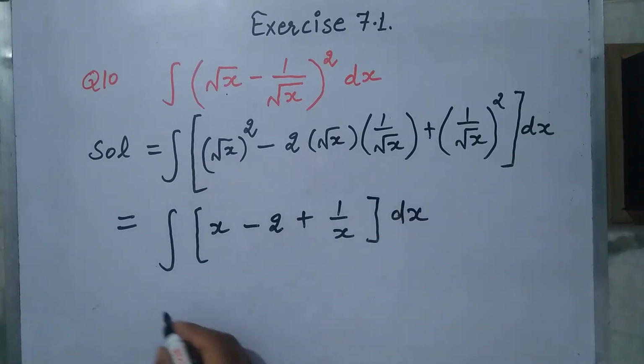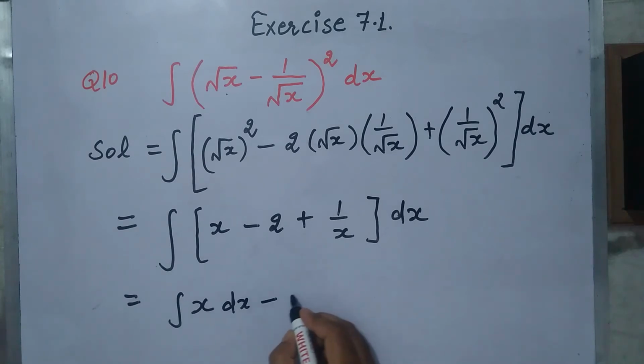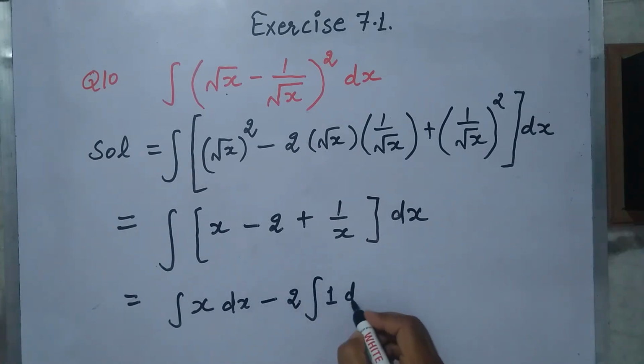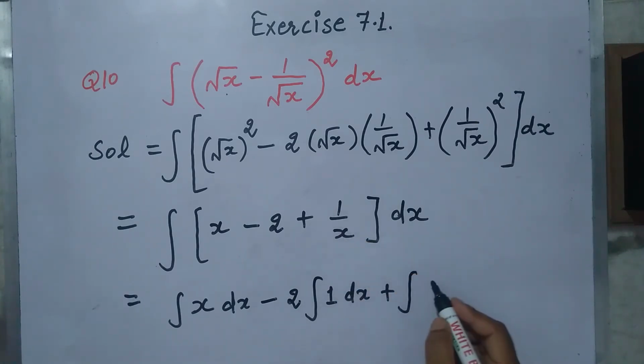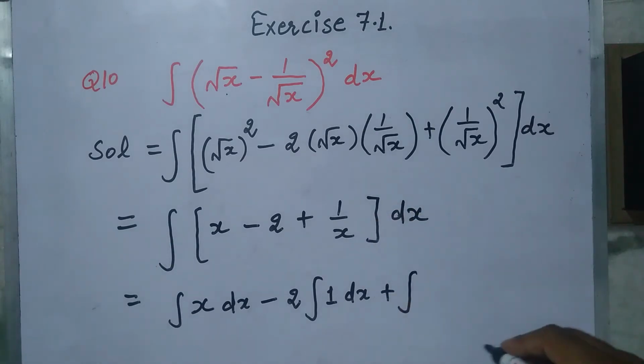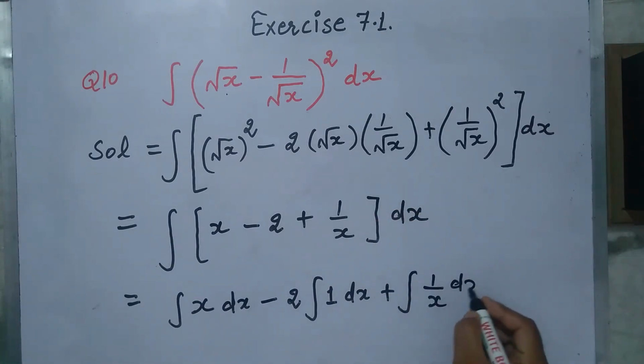So we can write this is equal to integration of x dx minus 2 into integration of 1 dx plus integration of 1 upon x dx.